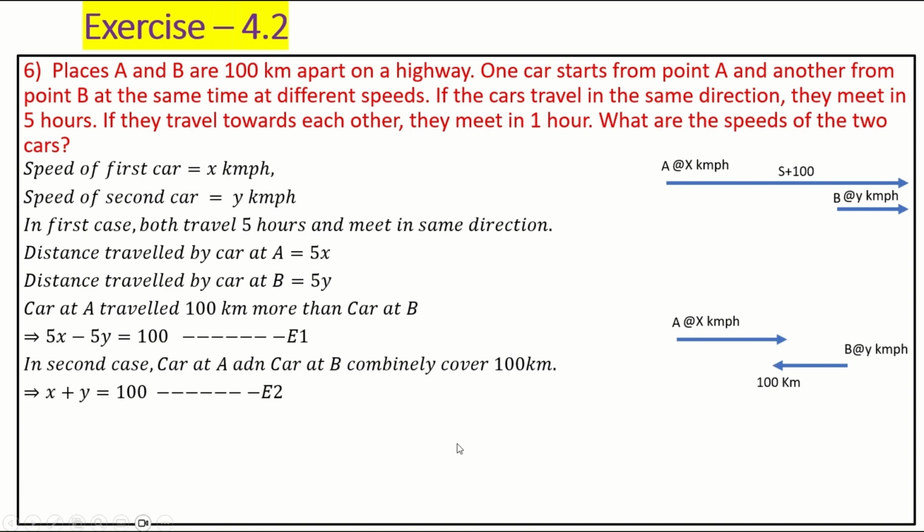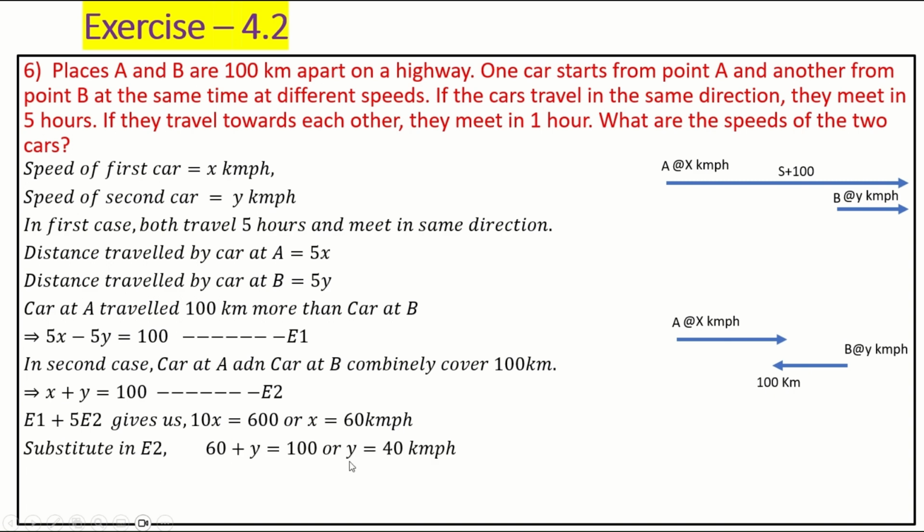They both will cover 100 kilometers in 1 hour because they are traveling in opposite directions. This is your second equation. Now you have both the equations. You do the elimination method, you will get x equal to 60 kilometers per hour and y equal to 40 kilometers per hour. So the speed of car A is 60 kilometers per hour. Speed of car B is 40 kilometers per hour. Next.